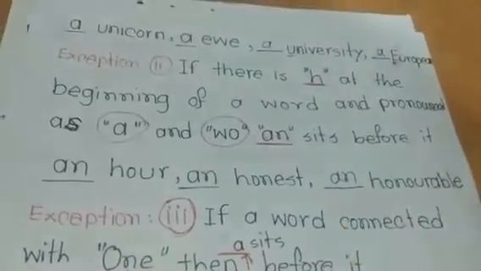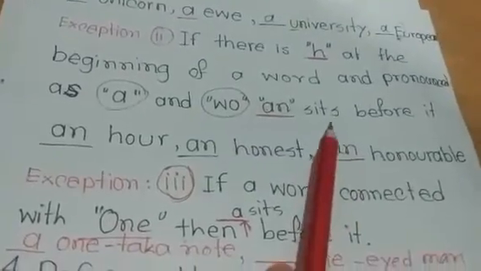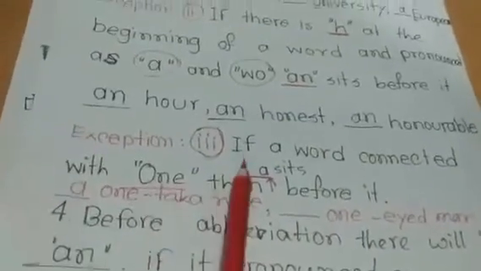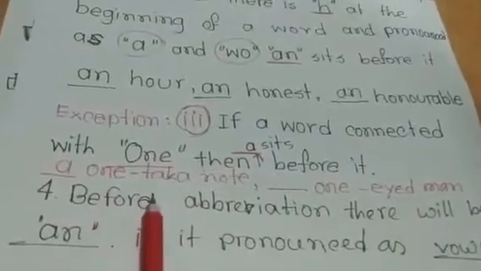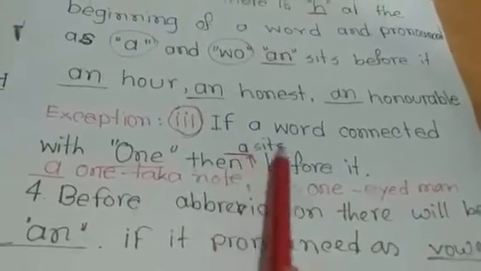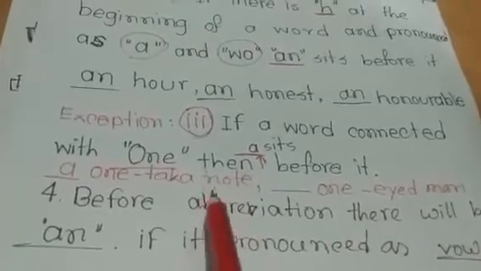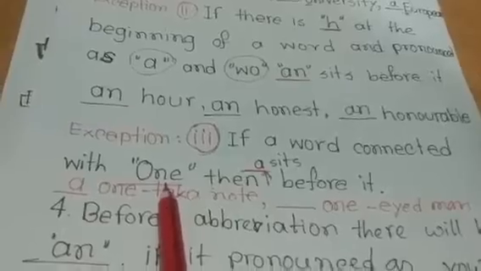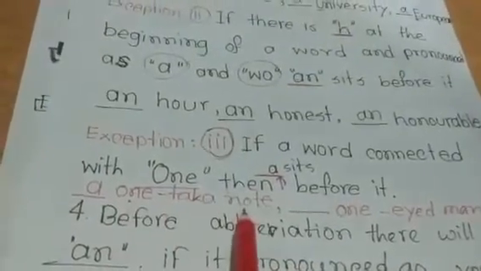Keep it in your mind. It's different, so you have to remember it carefully. Okay, here is exception 3. If a word is connected with "one", then "a" sits before it. That means here is "one taka note".